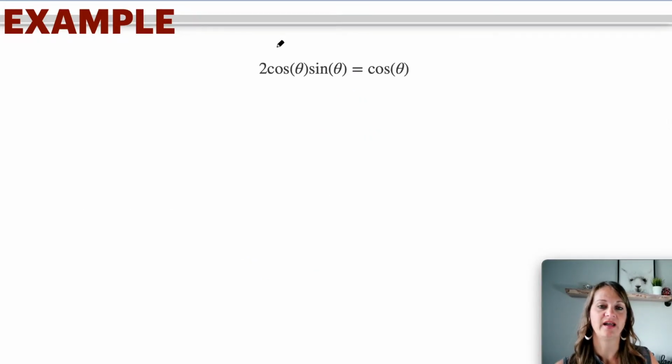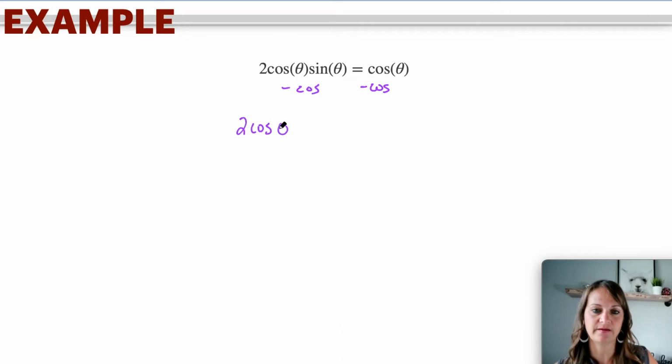Next, I cannot divide both sides by cosine in order to cancel them. You cannot do that in this case. The reason why is because if cosine was 0, you would be dividing by 0, which is not possible. So here's what you're going to do in situations like this. You're going to subtract cosine from both sides. You'll get 2 cosine theta times sine theta minus cosine theta equal to 0.